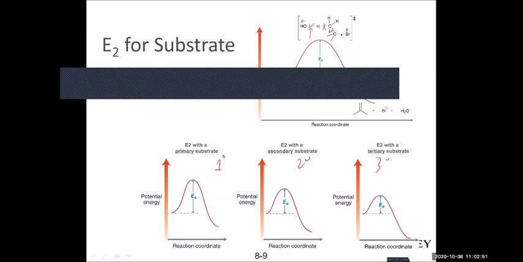Finally, the leaving group will break later. So there are 4 arrows. Four bonds are involved in the transition state. Two of the bonds are forming, and the two bonds are breaking. So that's why the tertiary is the fastest.